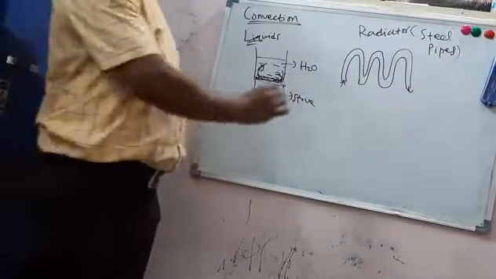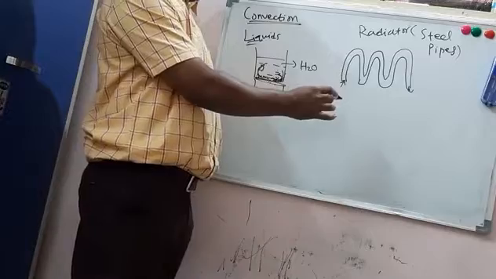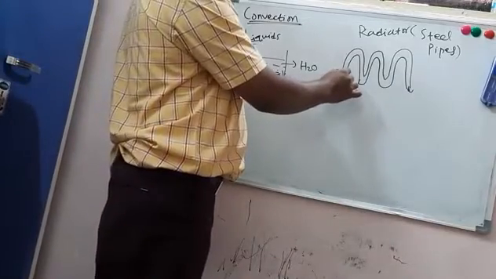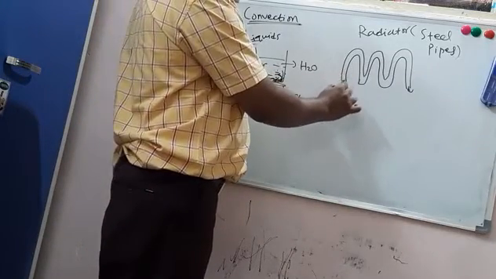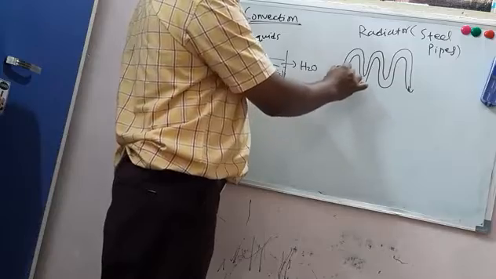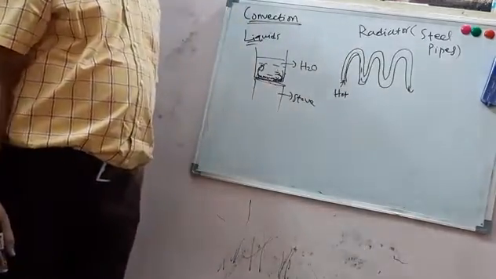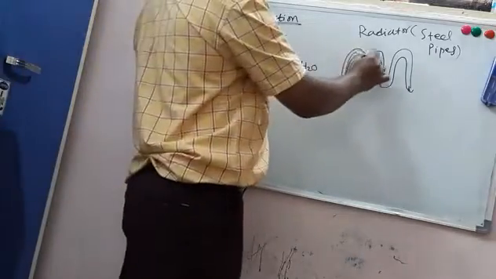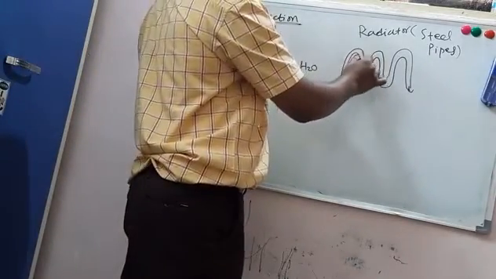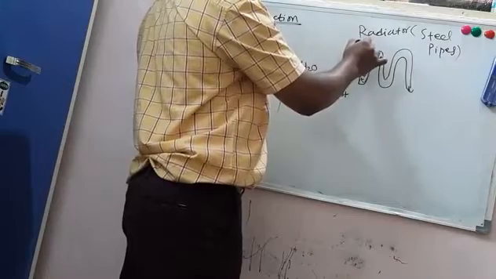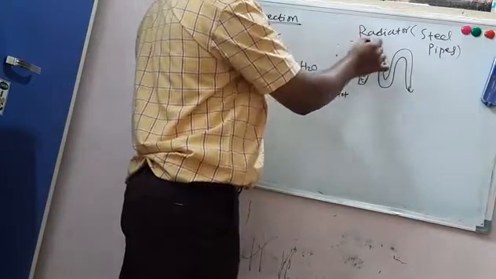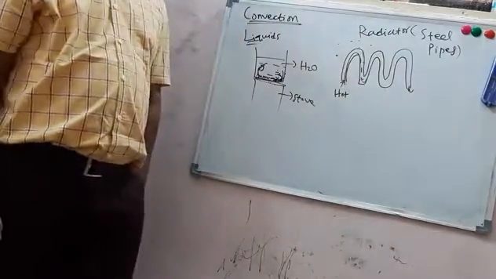Such pipes will be installed inside the cold room, and when hot water is allowed to circulate through the pipes, this hot water is directly in contact with the outer cold air molecules.